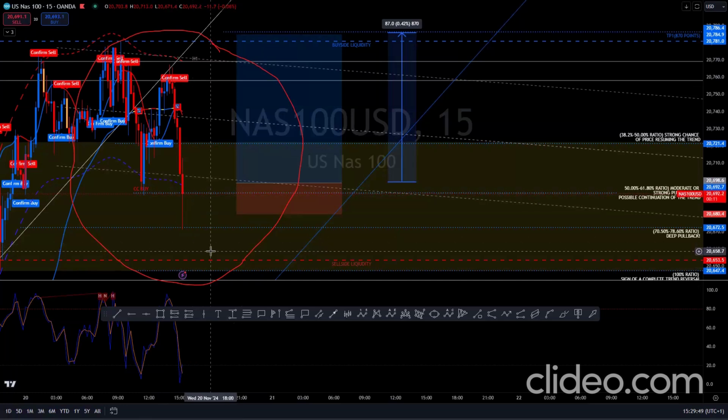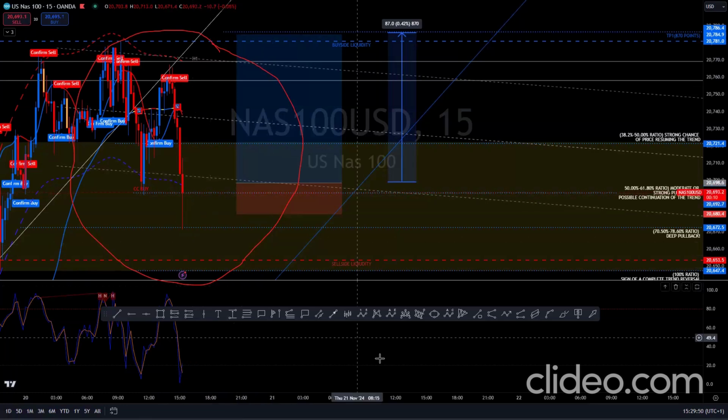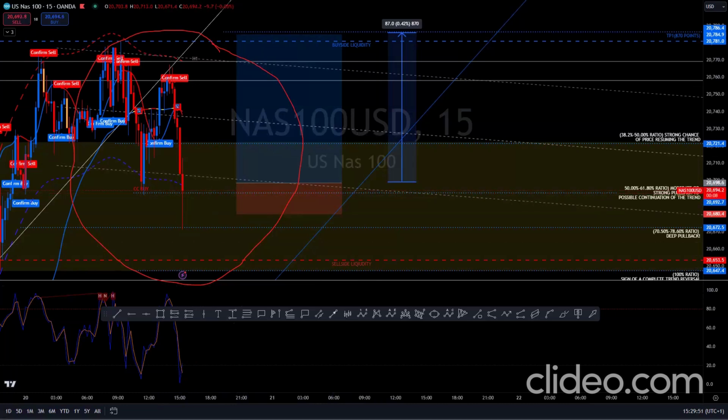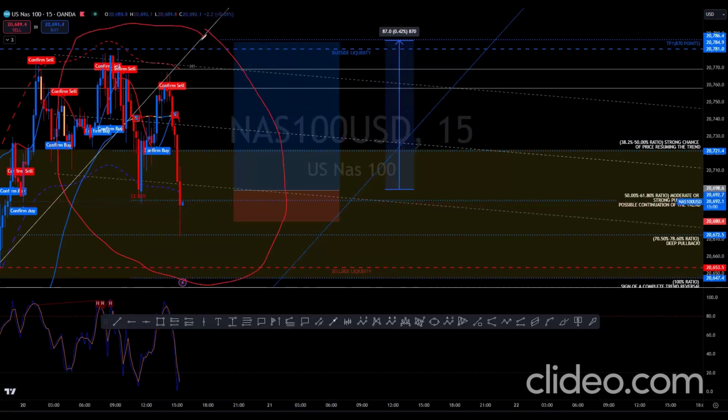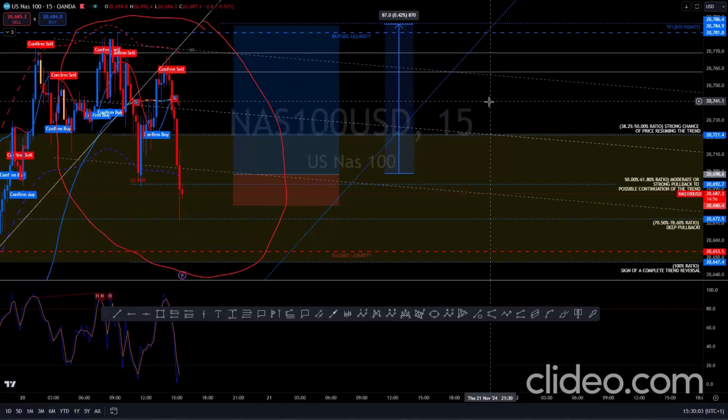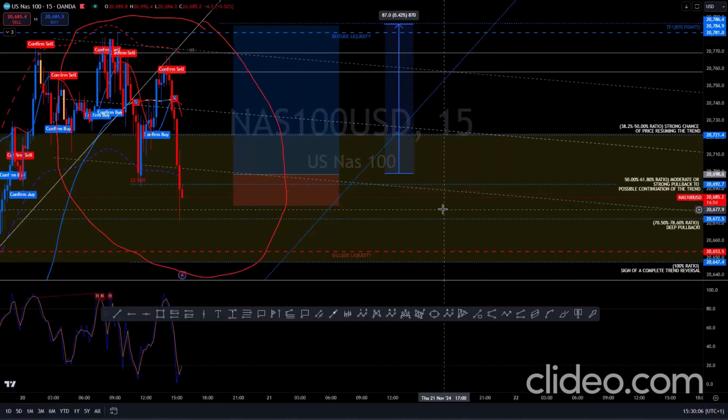But we'll see. If price continues to drip down, then I might go back to our original idea. So at 9:30, the 9:30 candle is closed.